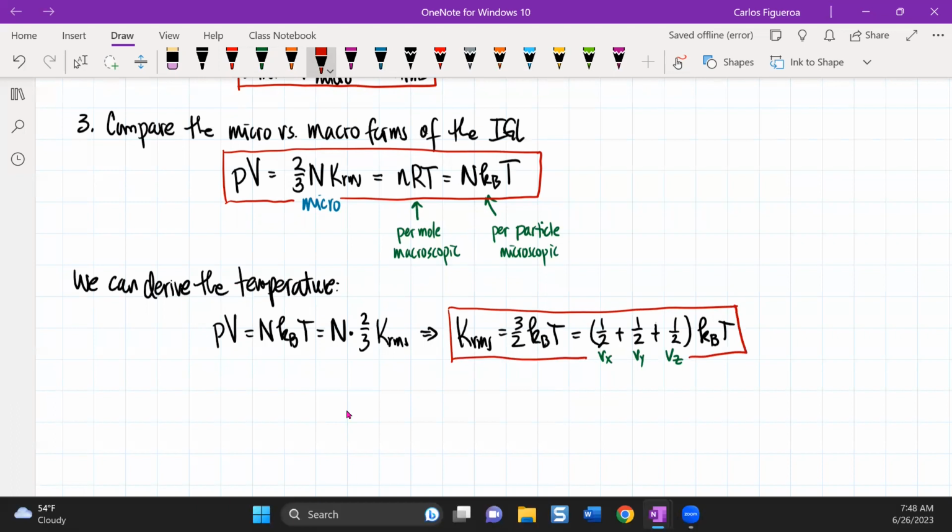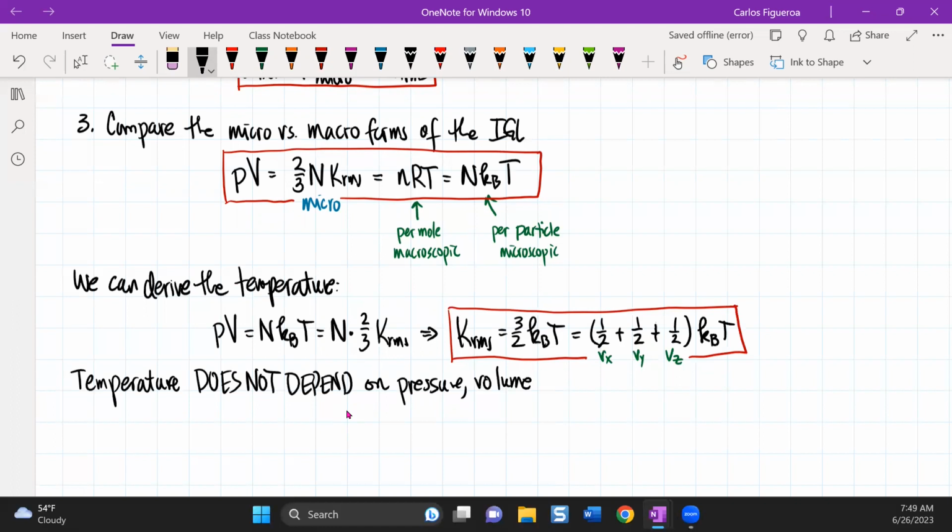And what you're seeing here is that temperature does not depend on pressure, volume, and the type of gas.